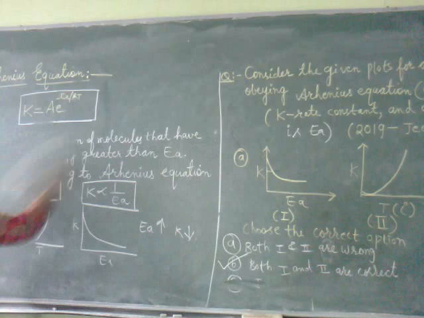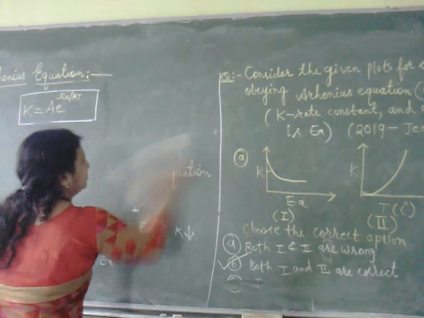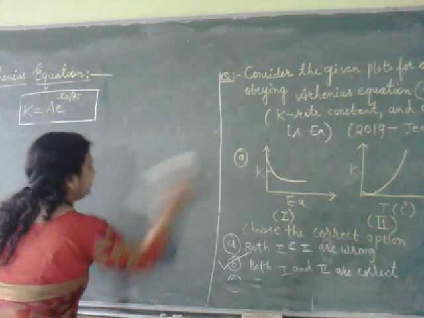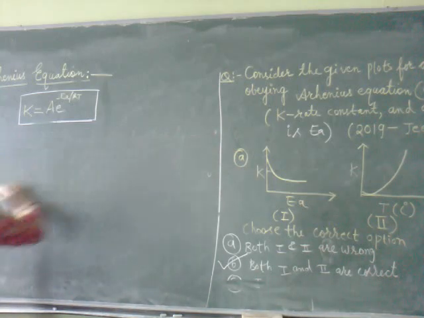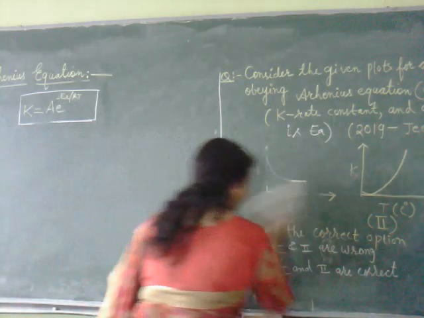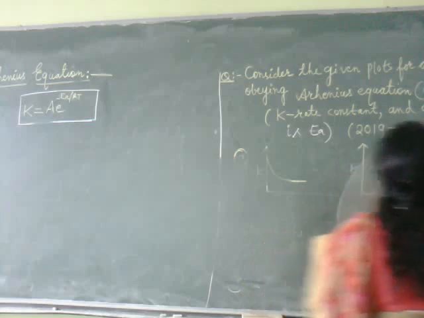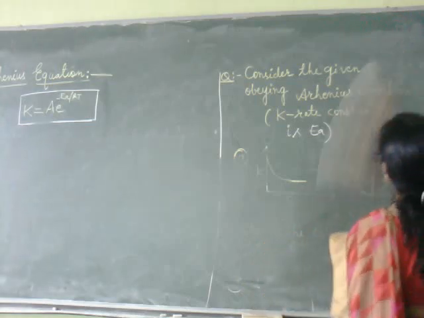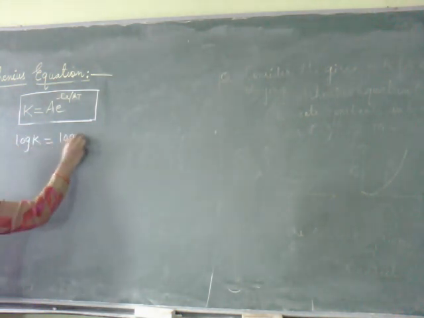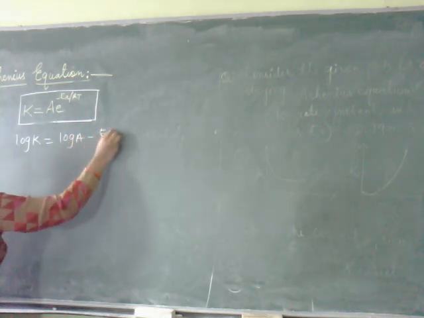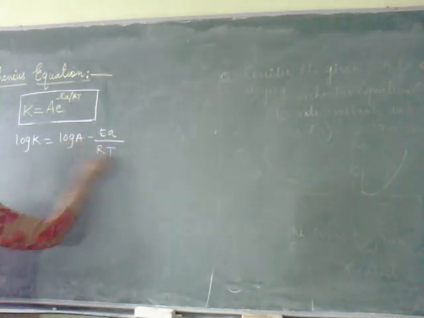Next, yesterday we made from this equation, we can write it like this also: log k = log A minus Ea/RT.